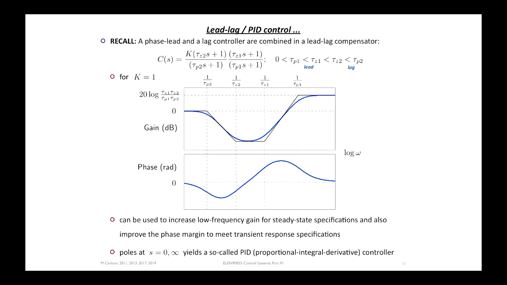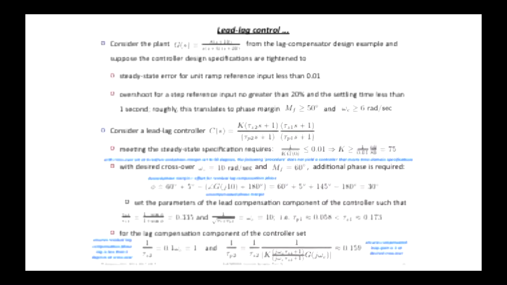The PID compensator is doing what I just described. It makes sure that you've got infinite gain at 0 frequency, which we know is important from the perspective of getting 0 steady state error for step type inputs, okay? And then the zeros give you the phase lead, which you can line up with the desired crossover frequency.